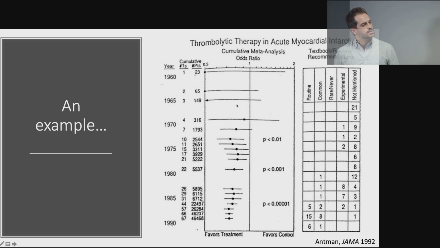So each line is the summary of the preceding lines. So the previous lines are summarized in this line. As you can see, the more the studies are accumulating, so the more patients are included and analyzed together, the more we go toward a conclusion of the efficacy of the treatment.